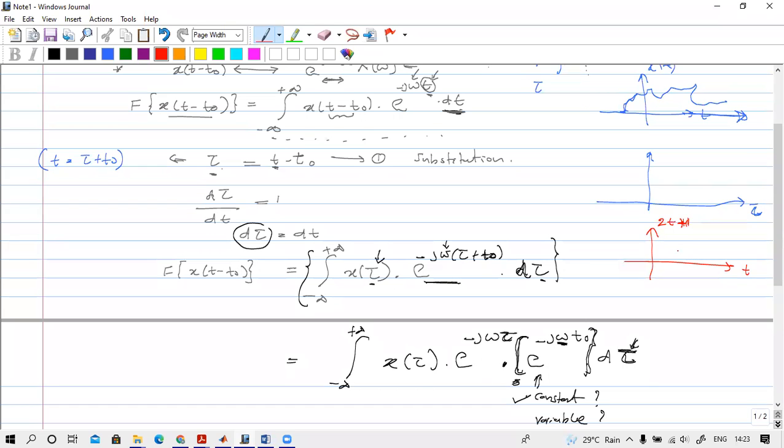If I draw this signal with respect to t, if t is 0, this value will be 1.